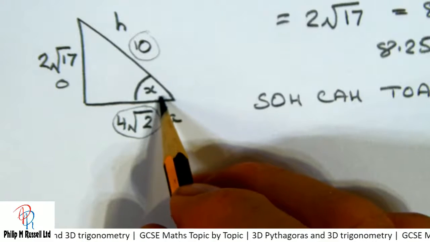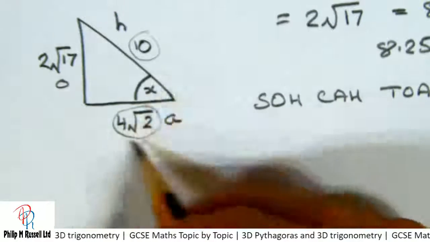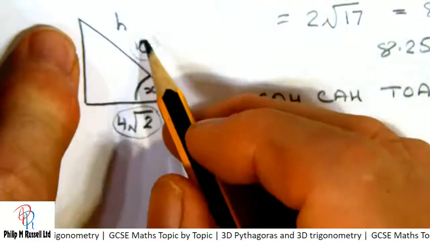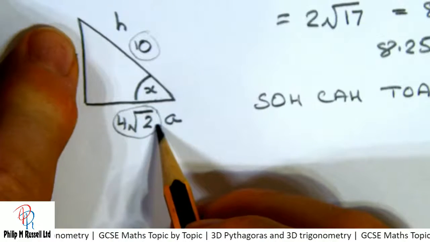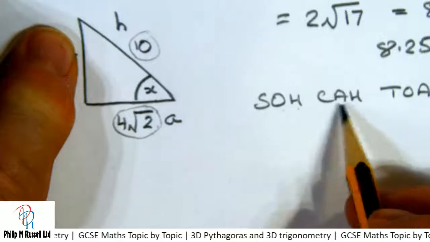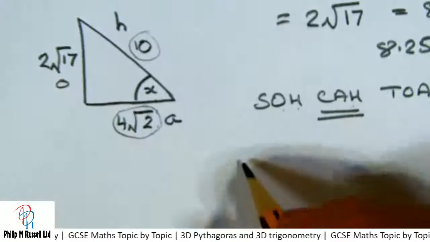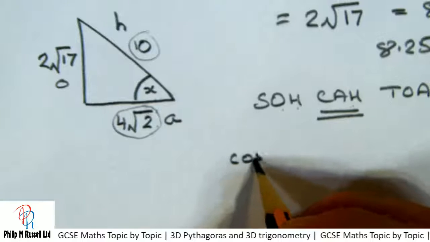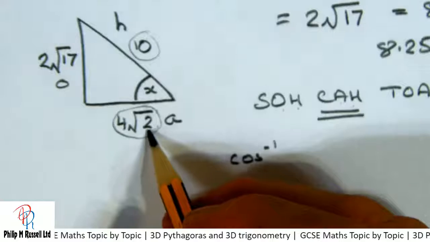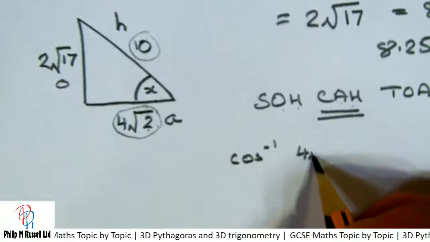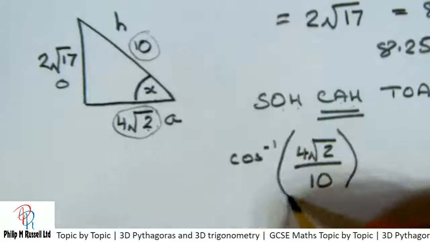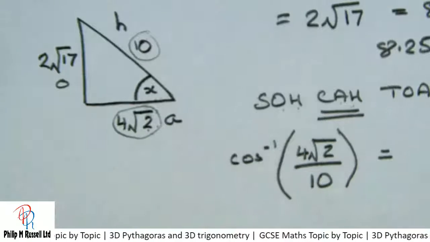If I'm working on an angle, then it's going to be the inverse. I've got my hypotenuse, an angle, and the adjacent. So this is going to be CAH. So I know that the cos⁻¹ of the adjacent, which is going to be 4√2 over 10, is going to give me the angle.